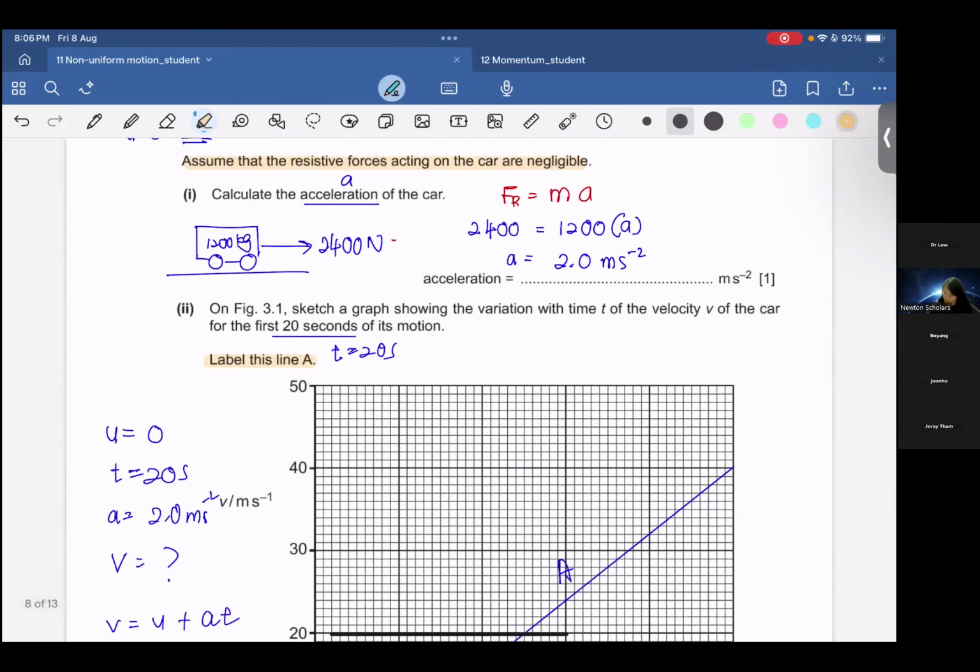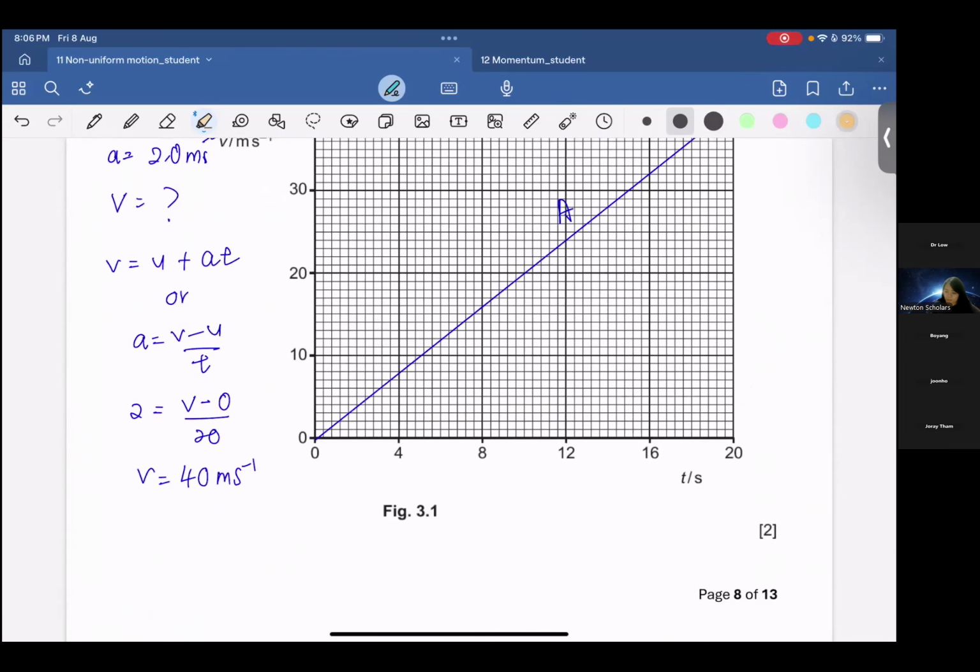We come back here. We can choose any line as long as it is lower than this, because just now it was the perfect case. Right now it is not perfect, there is air resistance, so it must be something like this. And then at 12 seconds it becomes horizontal, which means constant velocity.